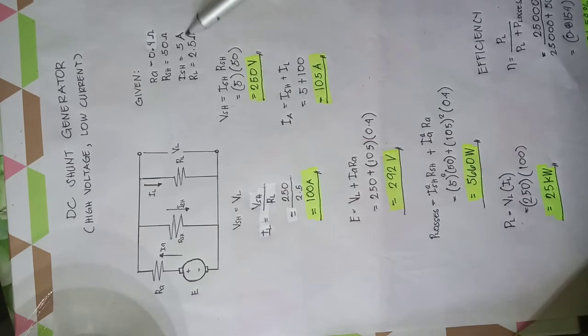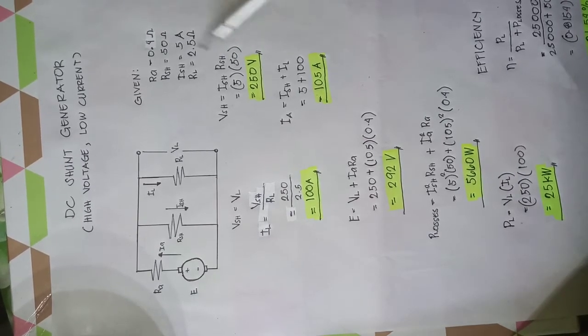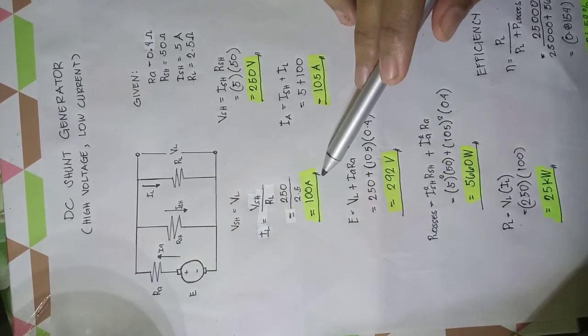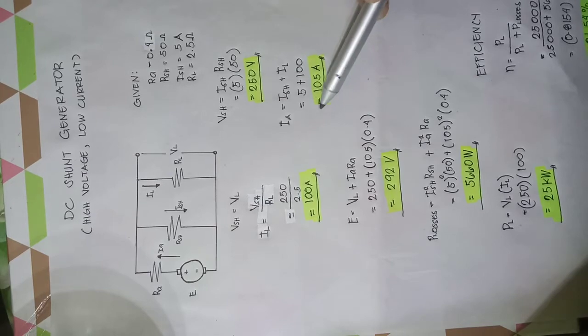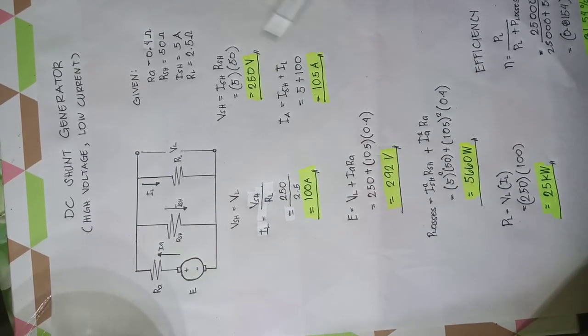Since we are given that the current of the shunt field is 5 amperes, and we have solved the current of the load is equal to 100, the current of the armature is equal to 105 amperes.